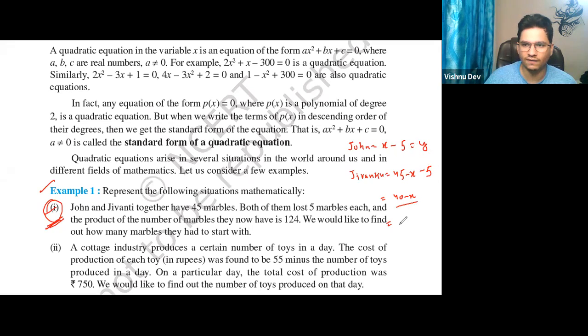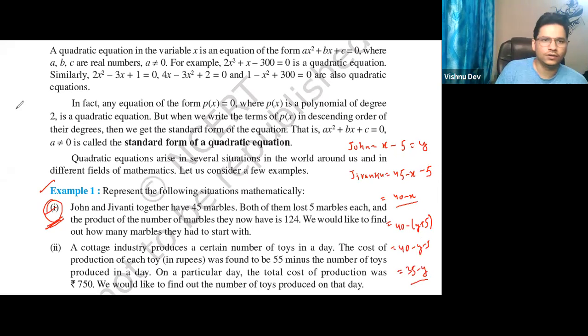So 40 minus y plus 5. So it will be 40 minus y minus 5, so just 35 minus y, right? So Shravya, your answer is also correct.